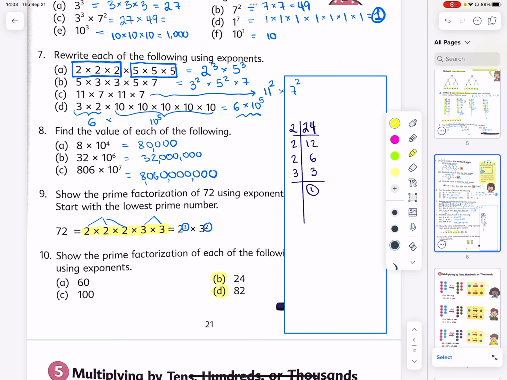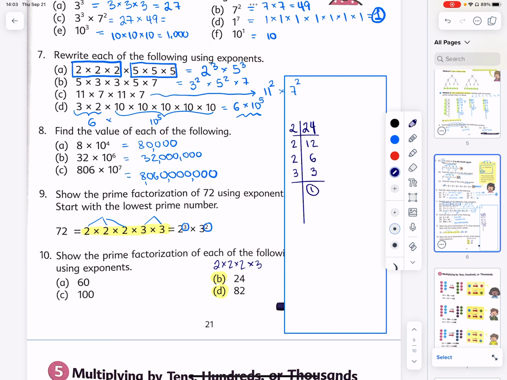Let's collect our prime factors for 24. Somehow my highlighting tool doesn't work, so let's just write it down. 24 is simply 2 times 2 times 2 times 3. I'm going to write it down at the top: 2 times 2 times 2 times 3.